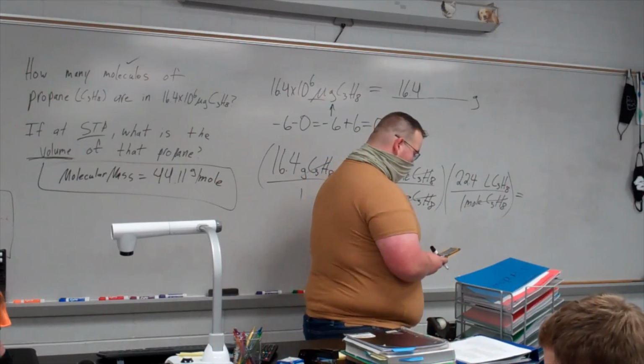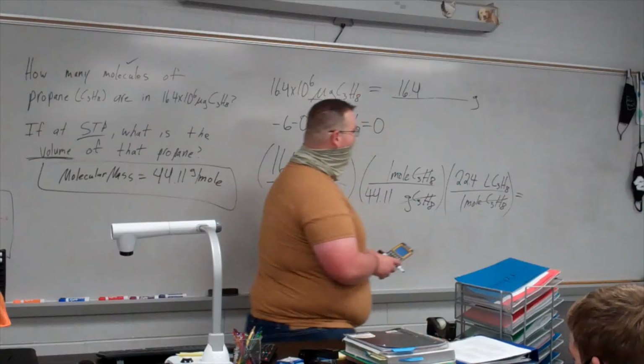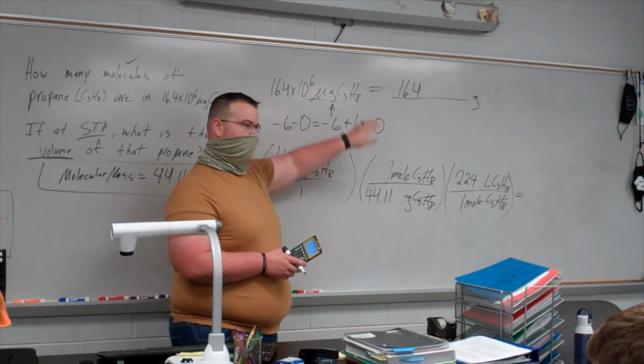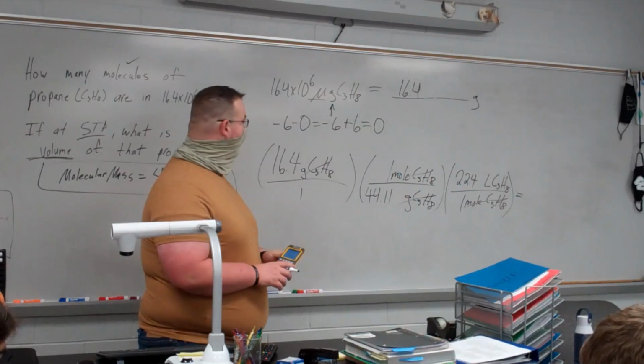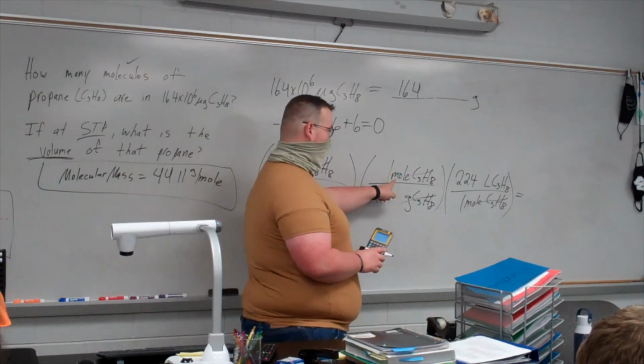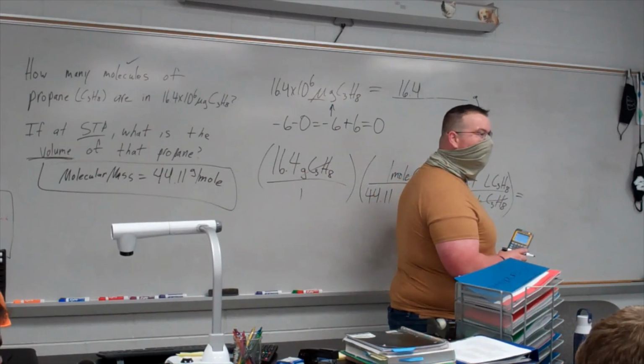Okay, so what did we start out with? You started with 16.4 times 10 to the 6 micrograms of propane. This gets us to moles. This gets us to liters, which is volume.